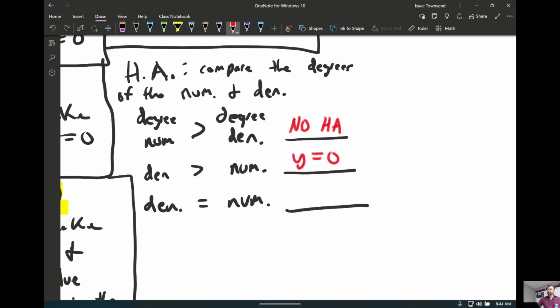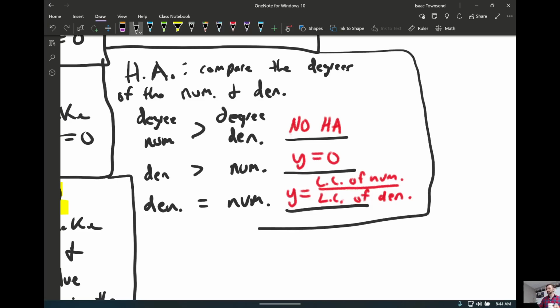And when the degrees were equal, the horizontal asymptote was y equals leading coefficient of numerator divided by leading coefficient of denominator. Of course, you have to remember that leading coefficient means the number multiplied by x with the biggest exponent. Again, these 3 should sound familiar to you because we have used these once or twice this year already.